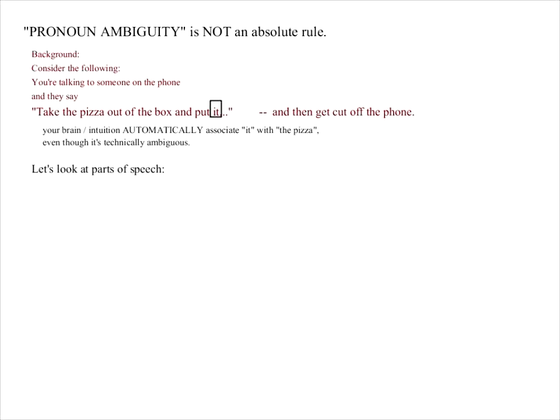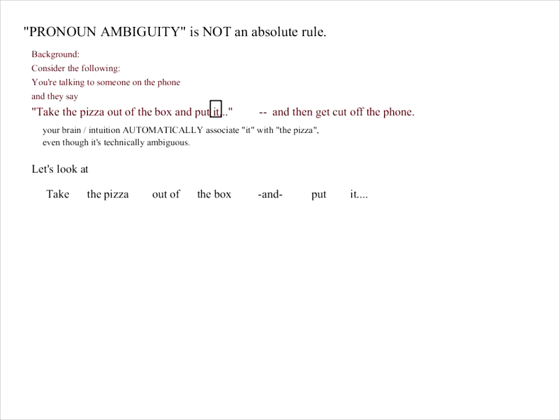Okay, take the pizza out of the box. And then and is a conjunction. Put it. Okay, let's analyze. So it's not so much parts of speech.